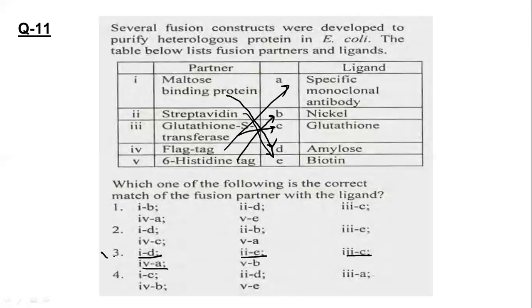So option 3 is the correct answer: histidine tag for nickel, FLAG tag for specific monoclonal antibody, streptavidin for biotin, and maltose binding protein for amylose. Hope this makes it clear. Thank you.